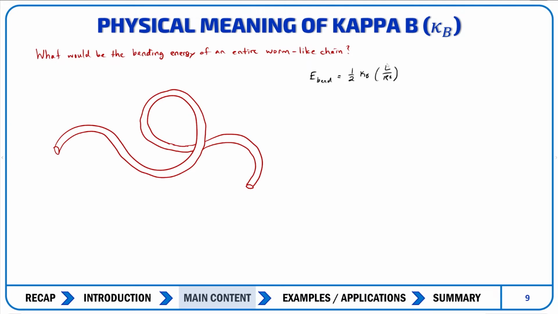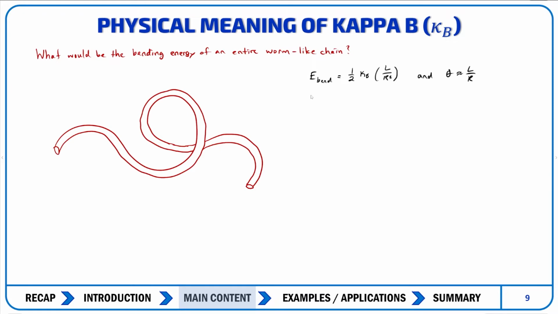We're just going to use kappa B and then L over R squared. From 2 slides ago, when we first introduced the bending or the bent rod model, we also noted that theta was approximately equal to L over R. So we know theta is approximately equal to L over R by some approximation.